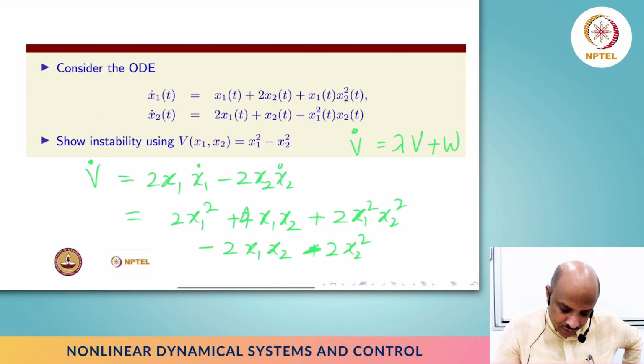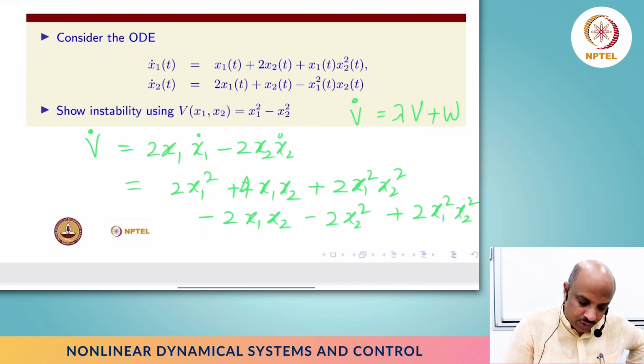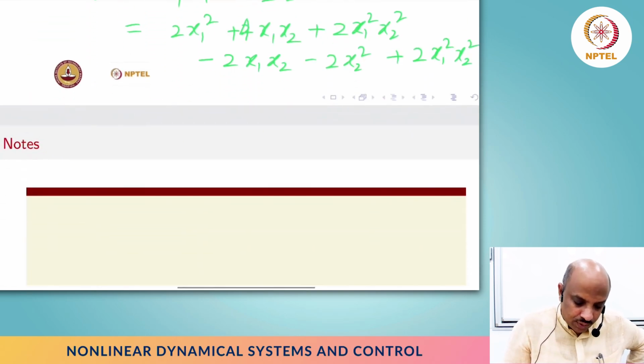Sorry, this is minus, plus 2x1 square x2 square.